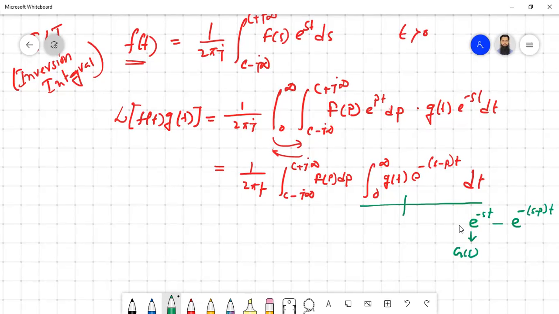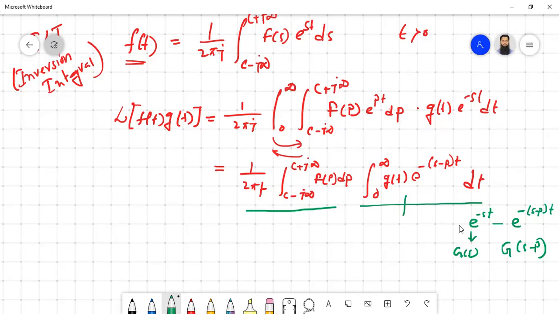Since we have s minus p, it will simply be G(s minus p). And this is also the inverse Laplace transformation of F(p), so we can just keep it as it is.